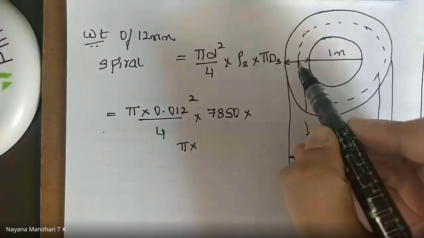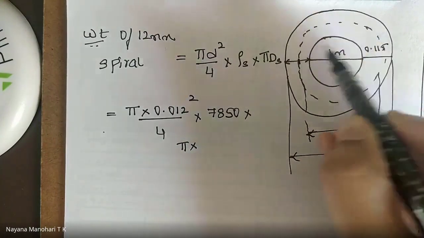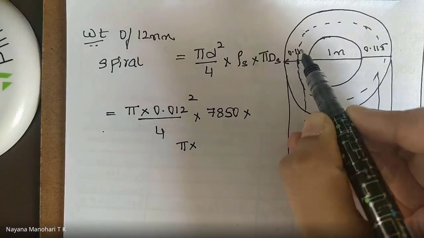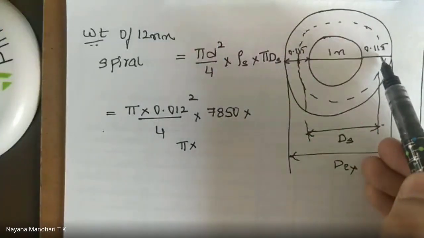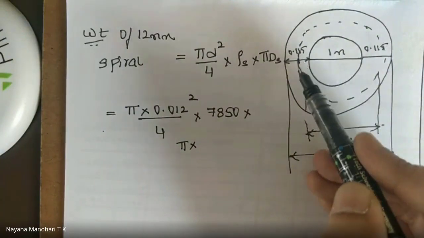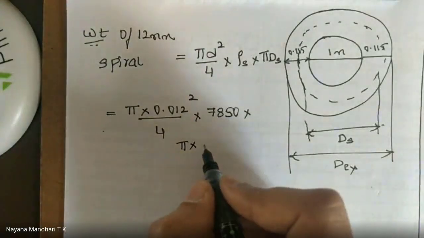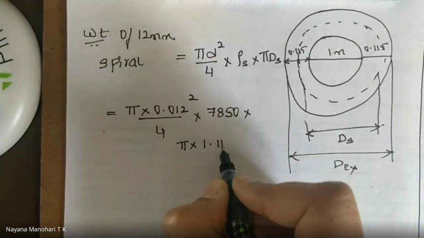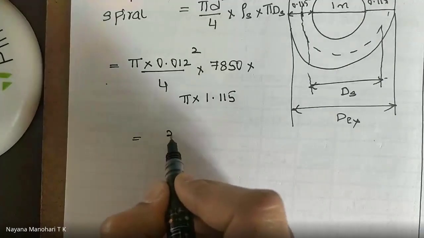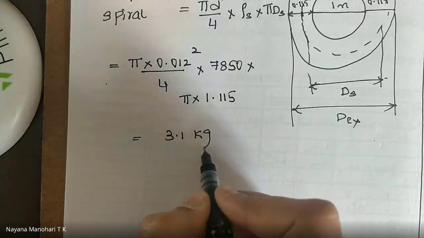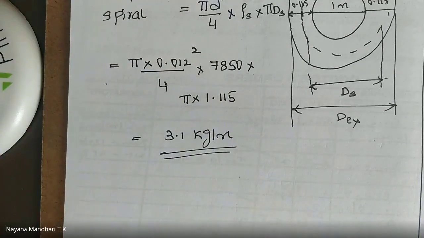Off of that, up to here this value is 0.115, and this value is 0.115. The spiral dia is internal dia plus 0.115 divided by 2 plus 0.115 divided by 2. How much will it be? 1.115. Then you will get 3.1 kg per meter. This is your weight of 12 mm spiral.